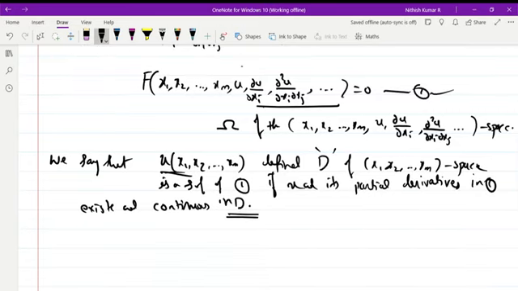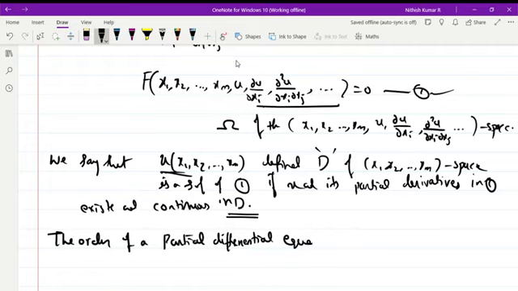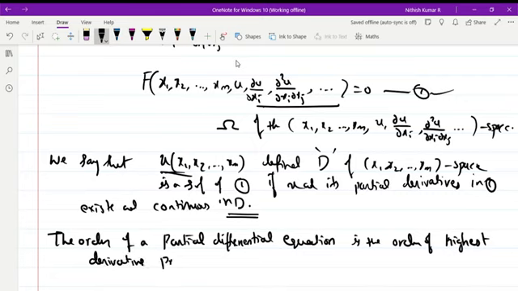As you have seen in ordinary differential equations, the order of a differential equation, similarly the order of a partial differential equation is the order of the highest derivative present in the equation.